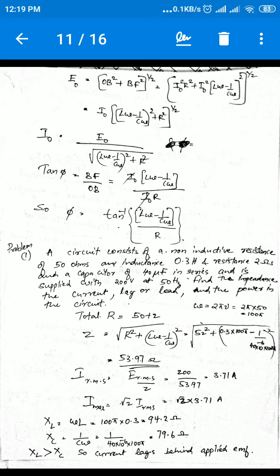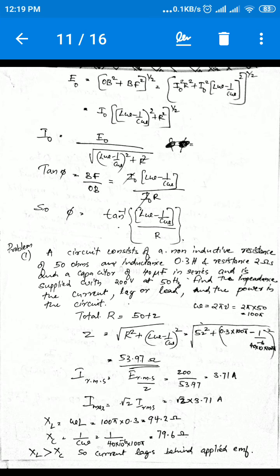Now we have to find the current, isn't it? Current we know, if you know the impedance, you can find the current. IRMS is ERMS by Z. Z is the effective impedance. We are supplied with a voltage 200 volt, that is the root mean square voltage, and 200 by 53.97 you will get the IRMS 3.71 ampere.